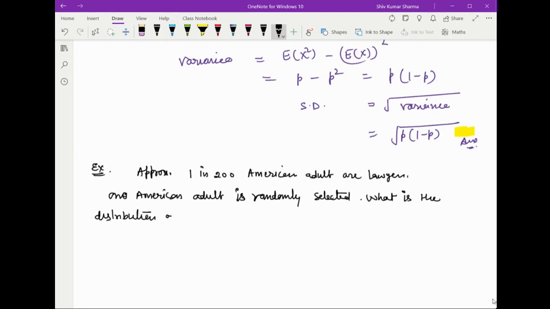What is the distribution of the number of lawyers?